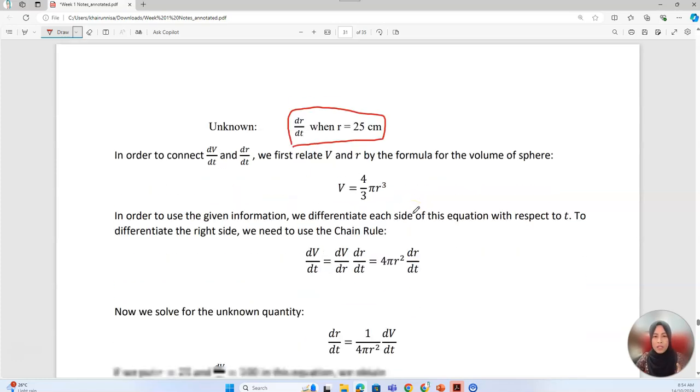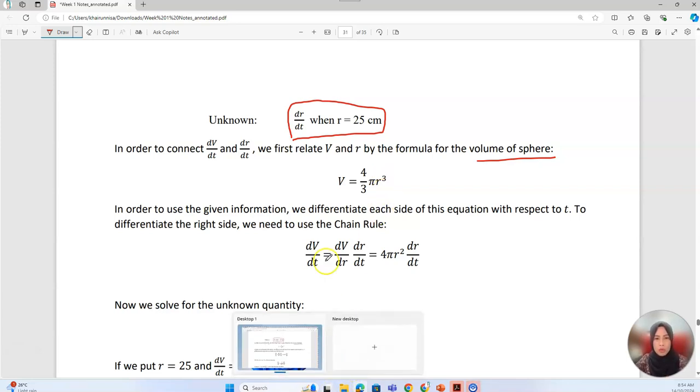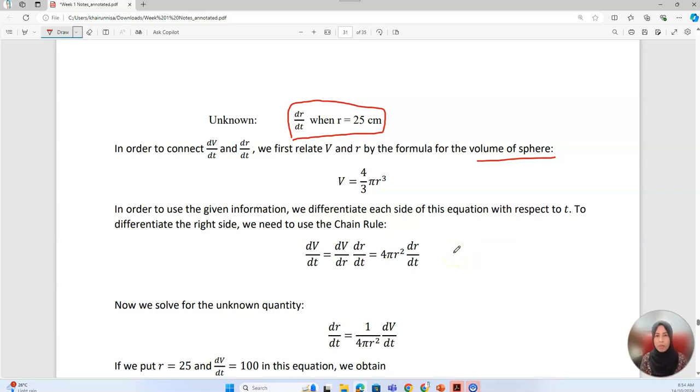So we are dealing with the volume of the sphere. If you still remember, I hope you can refresh what you have learned during school. The volume of the sphere is 4/3 pi r cube. So in order for us to differentiate and come up with the equation, we need to know what's really happening in this particular case of the spherical balloon.